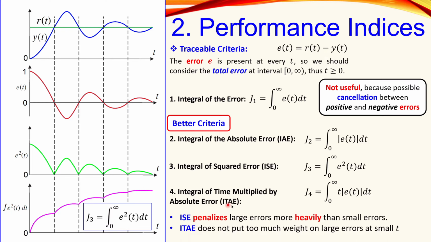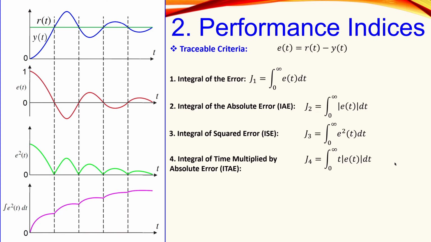This one, the fourth one, J4, ITAE, doesn't put too much weight on large errors at small t. This is in some sense better and also more realistic because you have a lot of transient effects at the beginning. So that's also one of the reasons to use this instead of this.